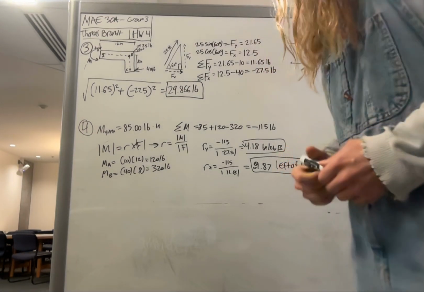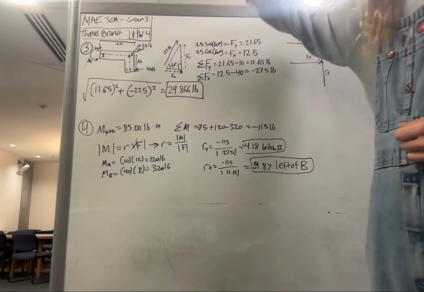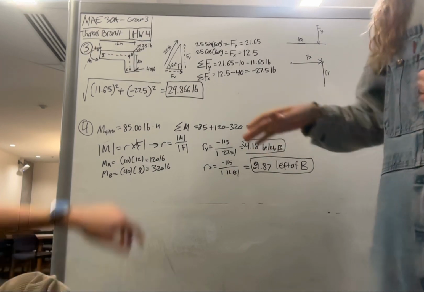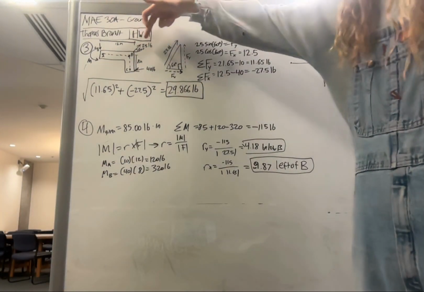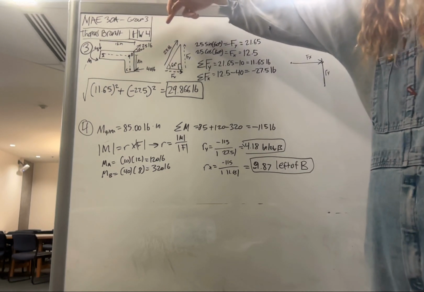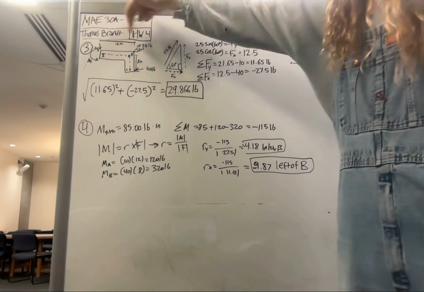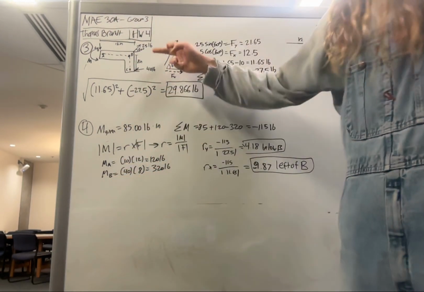It's going to be from our point B. I used the distance between A and B for this one, and then for MB, we're going to use the distance from B to C.